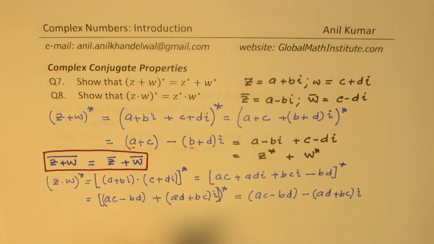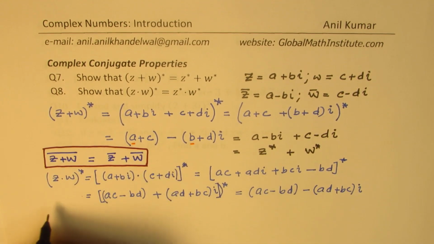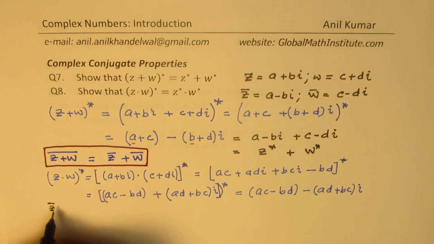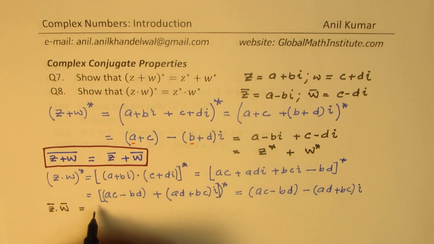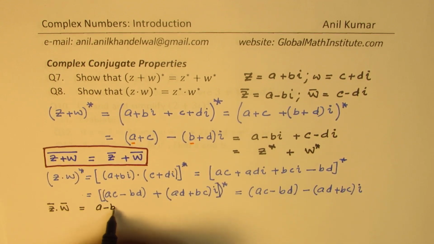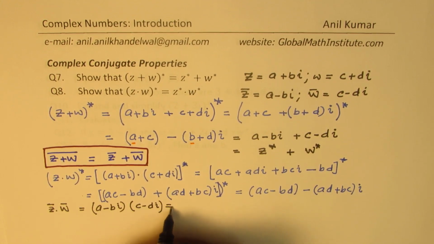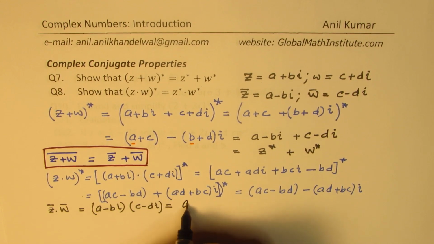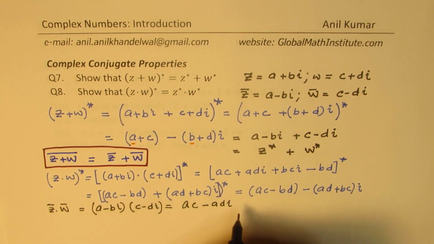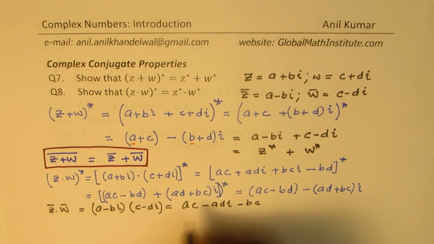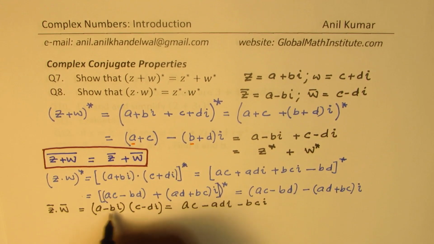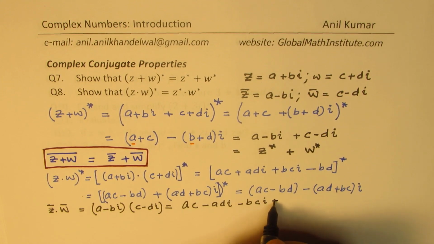Now let's find the product of their conjugates. Let's write it with this nomenclature: a minus bi times c minus di, correct? Which is ac minus adi minus bci, and when you multiply the i terms, you get plus bd.